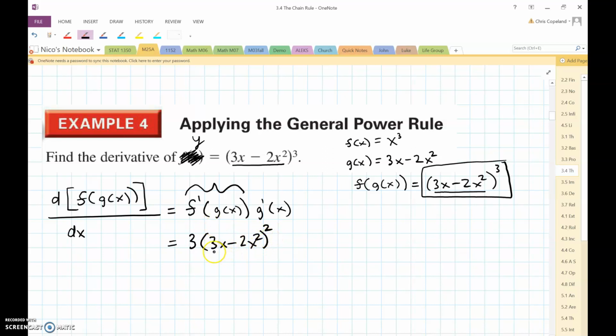And then we're going to take the derivative of this, which is g of x. The g prime of x would be 3 minus 4x. That would be the derivative of f of g of x with respect to x.